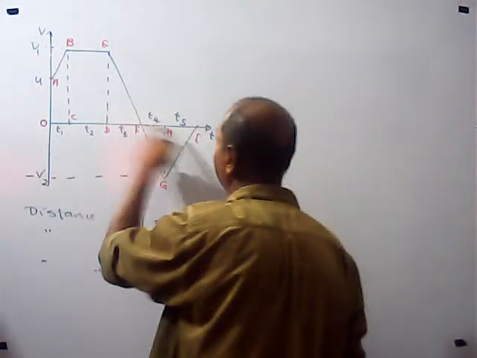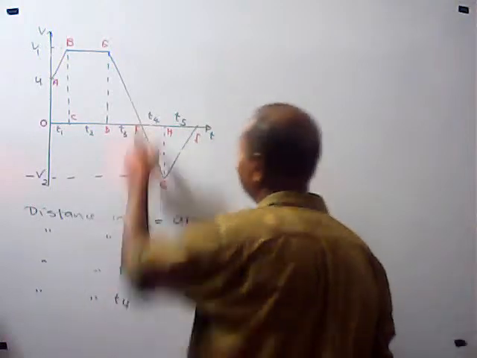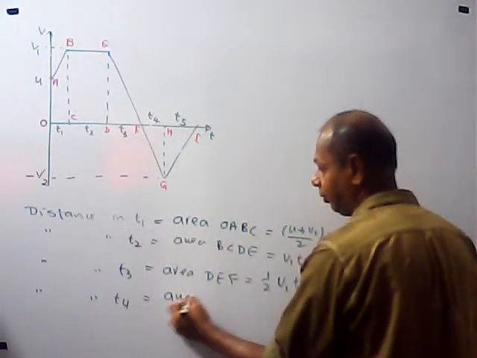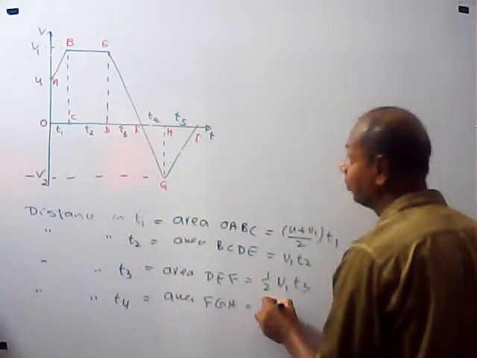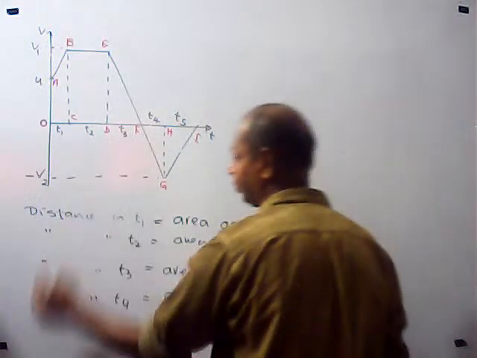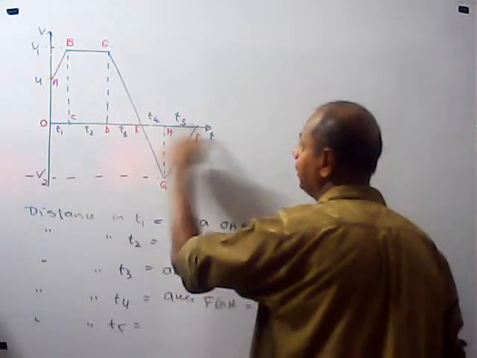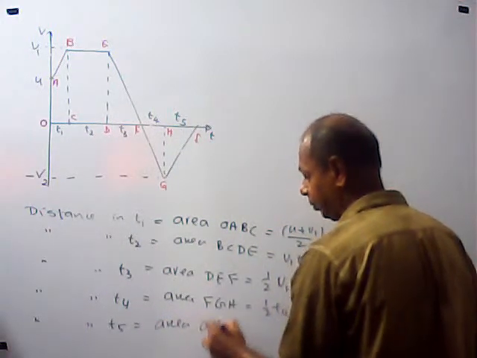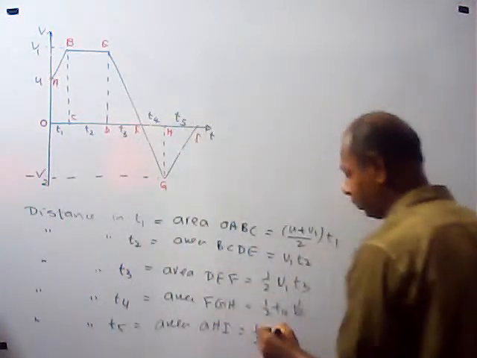Then T4 and T5 are triangles. Distance traveled in T4 is area FGH, the triangle, that's half T4 into V2. In T5, again, it's area GHI, which will be equal to half V2 T5.